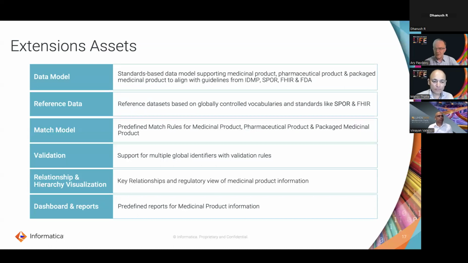There's a predefined matching criteria; in cases where you have multiple ERP systems and multiple PLM systems giving you pharmaceutical information, being able to match what each system is giving you matters, because oftentimes you run into duplicates. To overcome that, it comes with a match model. There are validation rules in place. There are relationship and hierarchy visualizations, and on top of that there are dashboards provided as a mechanism to look at this holistically, which we'll demonstrate during this session.